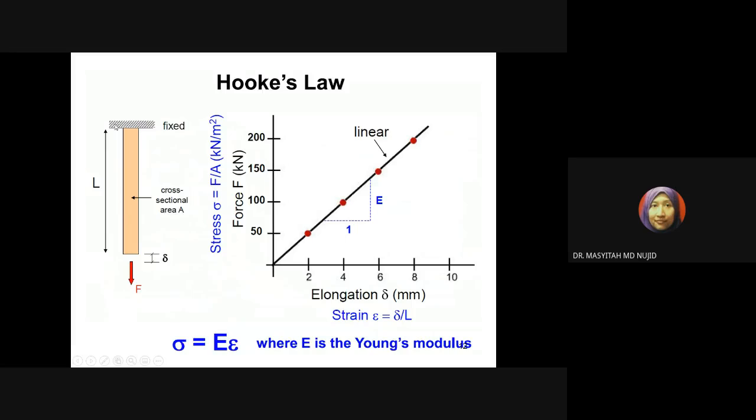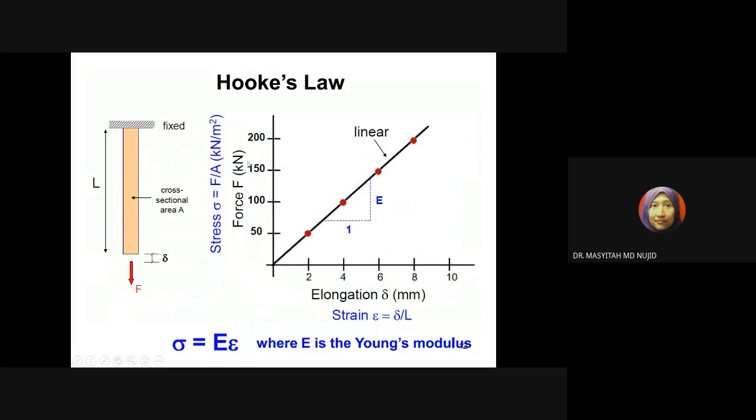Looking back to this example, let's say you have a longitudinal sample fixed on top, and then you apply a force F. You will see an increment in the change of the length of the material.